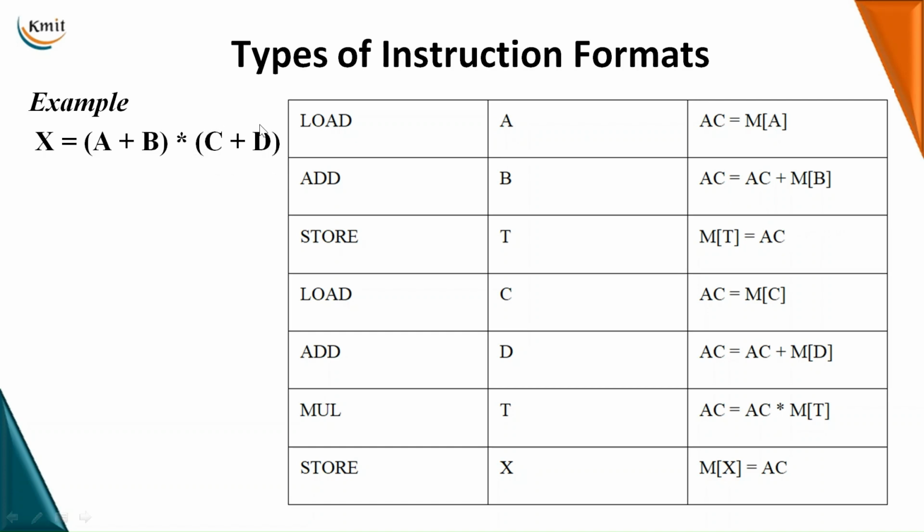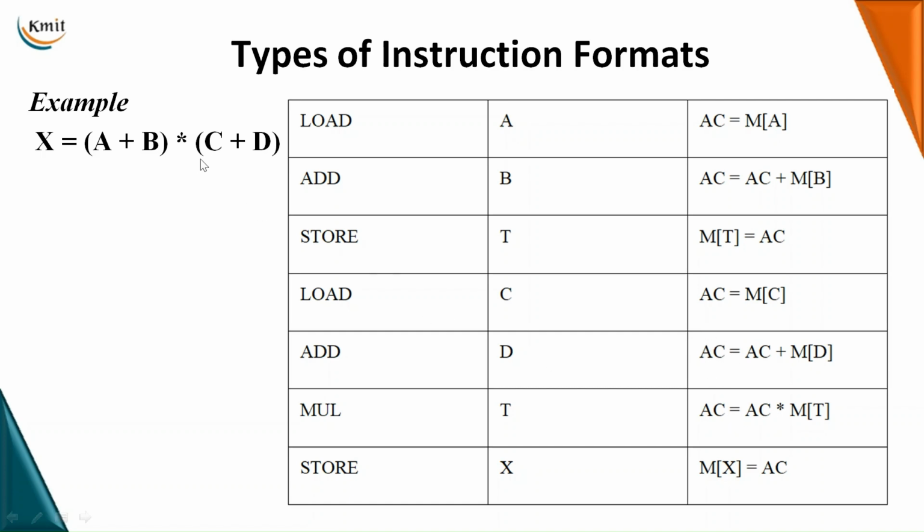Next, we load the value of C into the accumulator and add it with M of D, so AC plus M of D. That result is again stored in the accumulator.